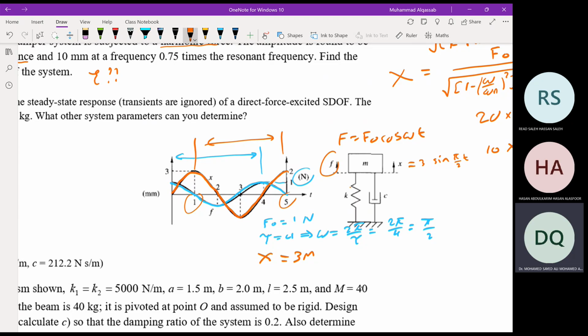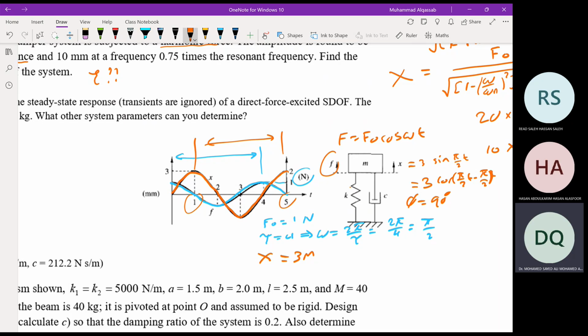It is shown as a sine wave, and the force is cosine. So this is supposed to be cosine as well, because the particular solution should have the same function as the force. So this is 3 cosine of pi over 2 t minus pi over 2. There is a phase difference equal to 90 degrees.